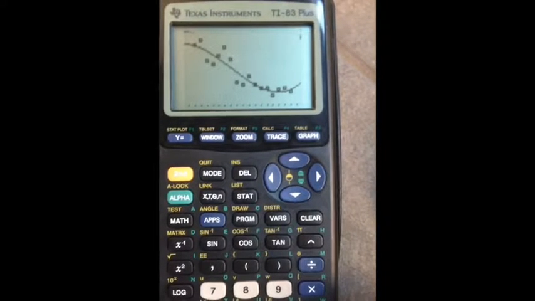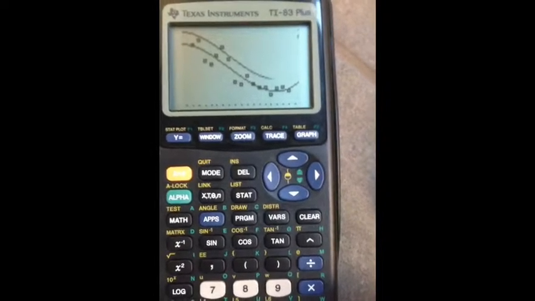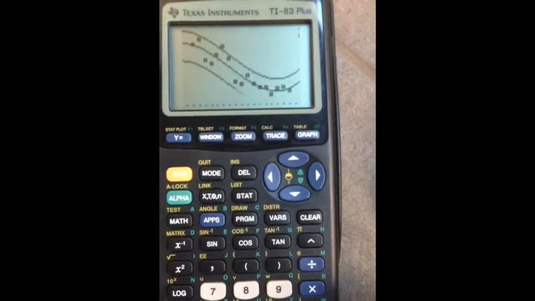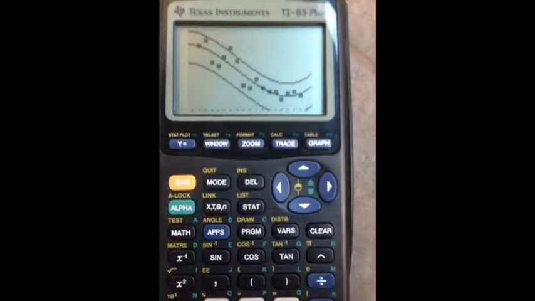So we will see that we have the upper and lower bounds for our cubic regression line. And this equation is very strong.